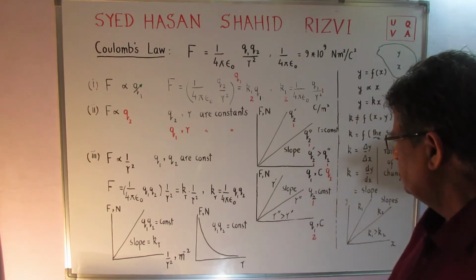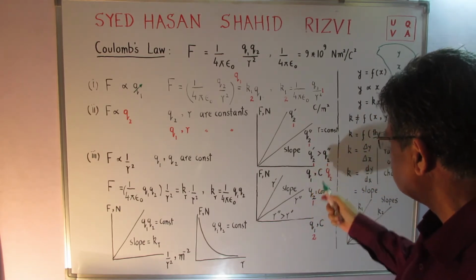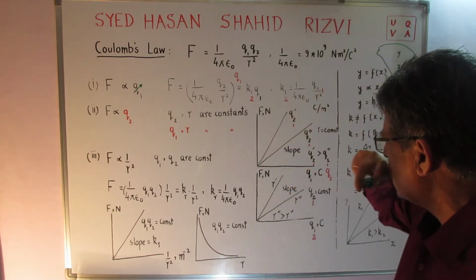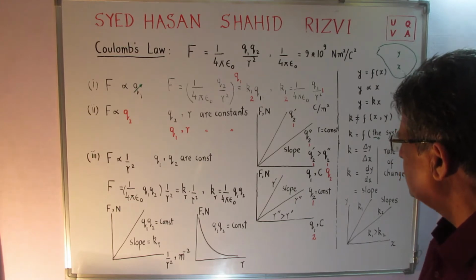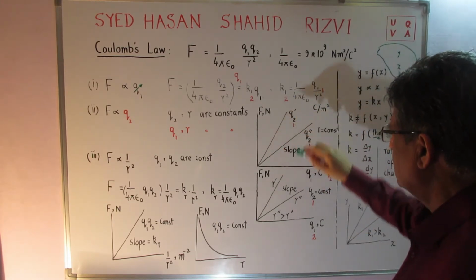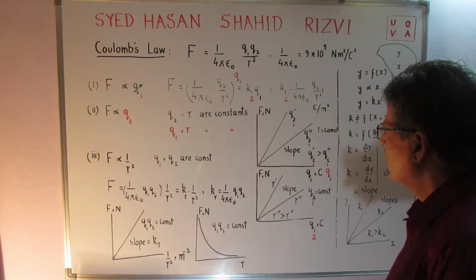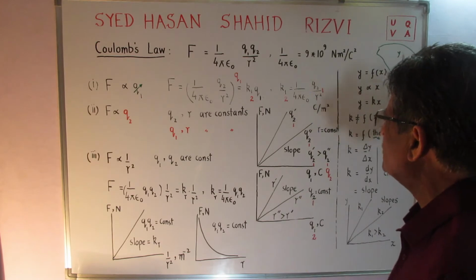Now, if we plot a graph with Q1 on the x-axis in coulombs and F on the y-axis in Newtons, we get straight lines passing through the origin, like this. I have just taken two cases.